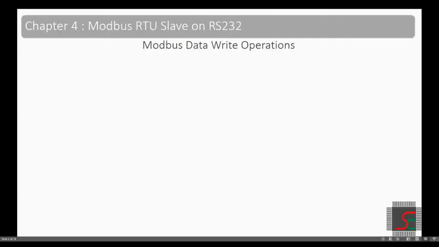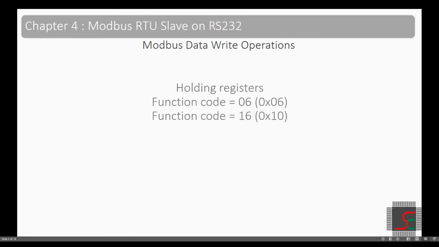Now coming to the write operations, those related to analog values are done using holding registers, whereas for the discrete signals it is done using the coils register. Holding register write operations are performed using function code number 6 and function code number 16.